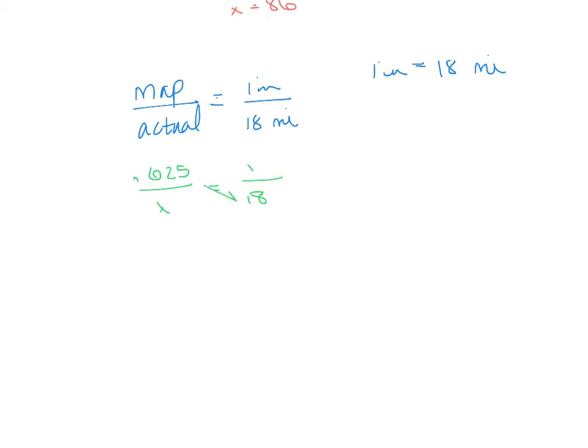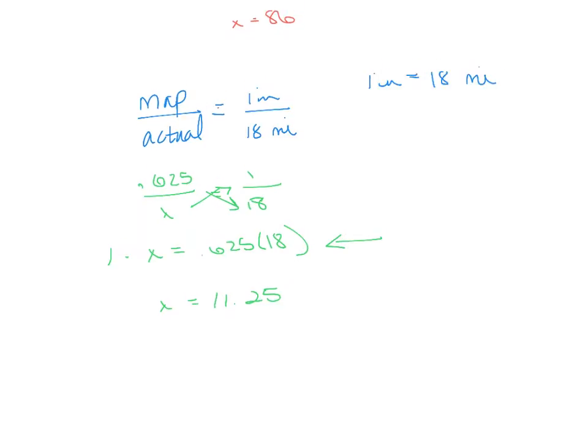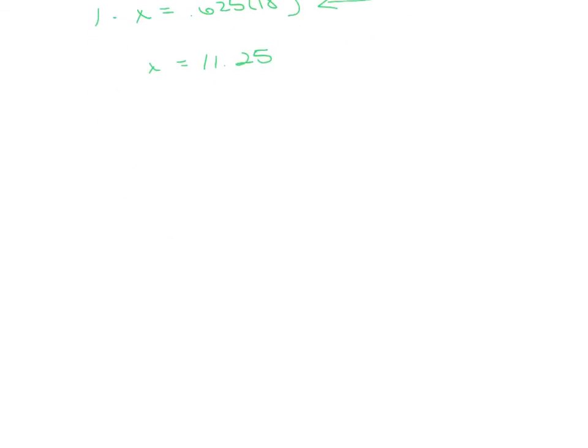Then we're going to cross multiply, and we're going to get x equals 0.625 times 18. That actually just equals 1 times x. That equals 11.25. Now again, you don't necessarily need to do that step, but that just shows you what you're multiplying.